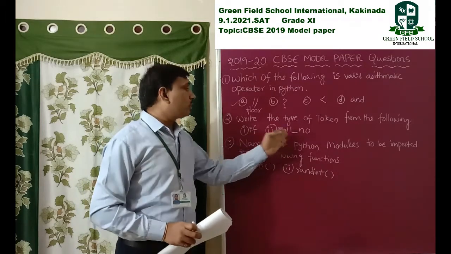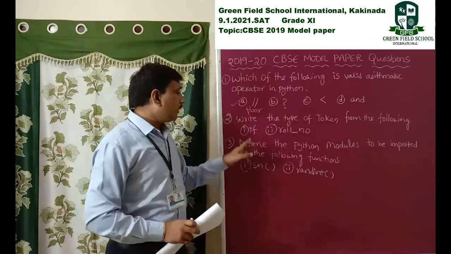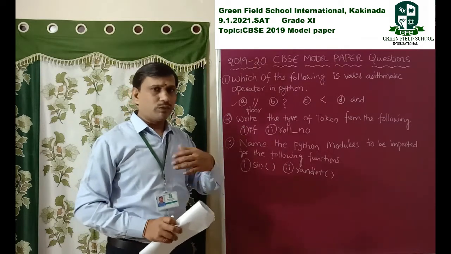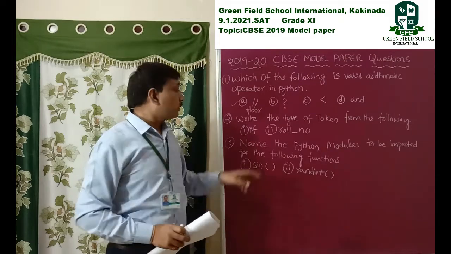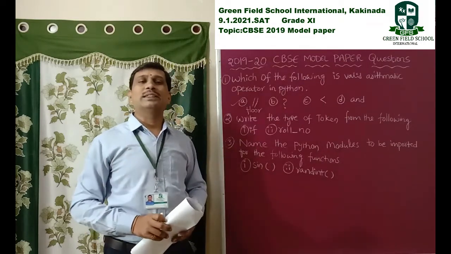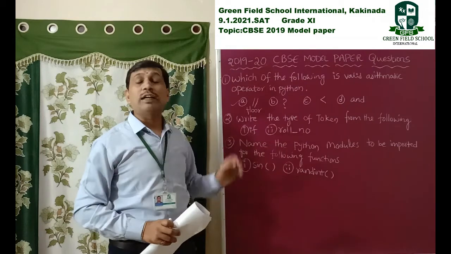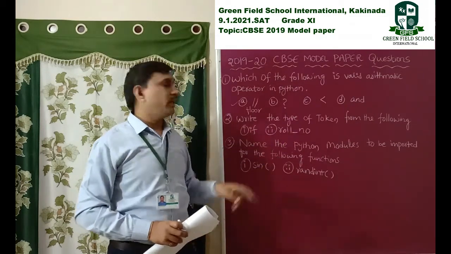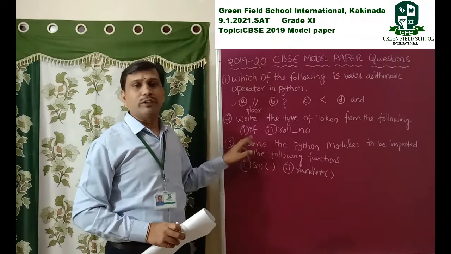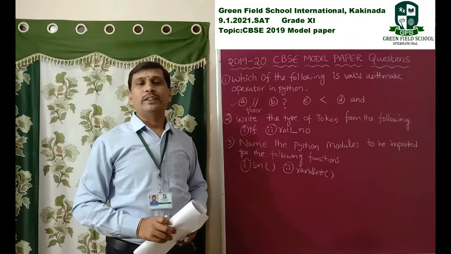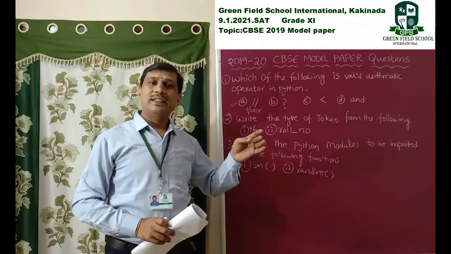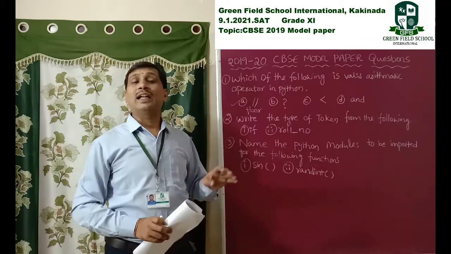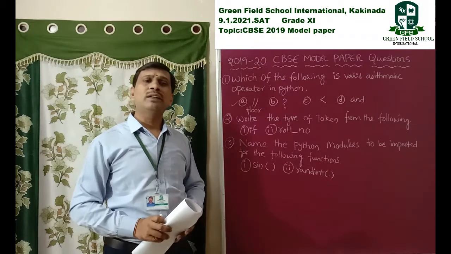See, they are providing some tokens here. I already explained the different types of tokens. They asked which token this 'if' belongs to. This is also a 1 mark question, each part is half a mark. First I discuss this one. 'if' is a keyword. If, else, elif, for, while, goto are all different keywords in Python.